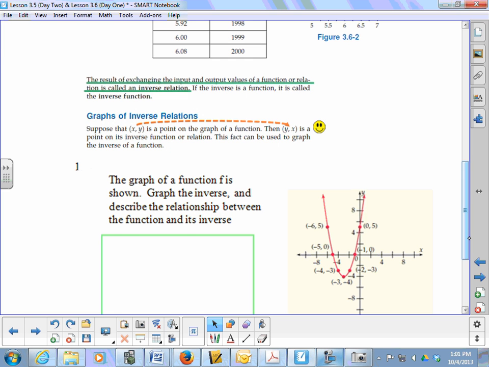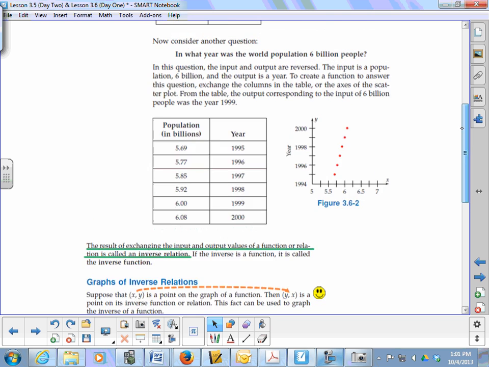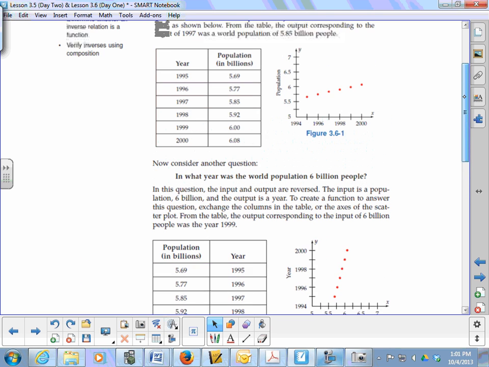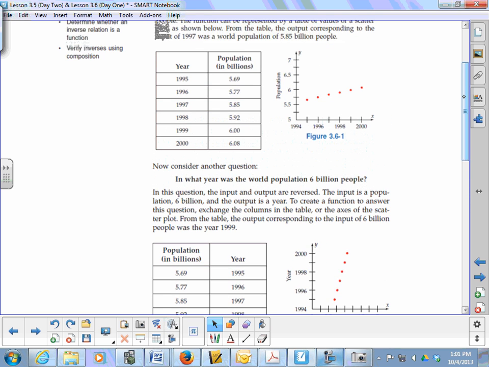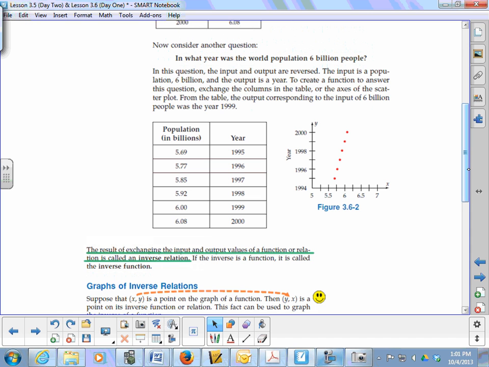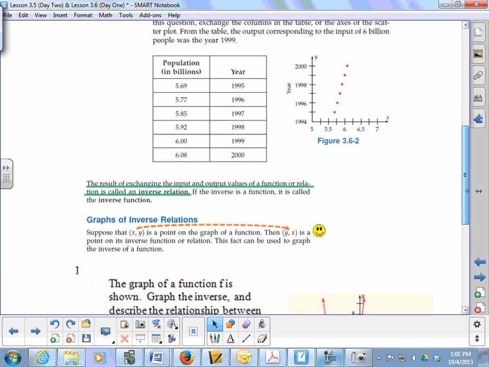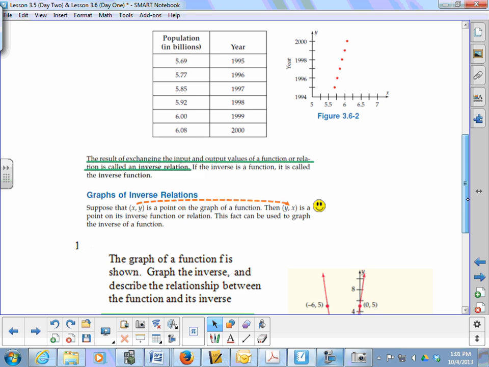All right, so when we're talking about inverse relations, we can see that all they did here is they took the year and the population and we want to switch them. So we've taken the input values and switched them with the output values, or the x's with the y's. But why? What's the point of that when it was perfectly good the way it was? Can you just turn it?